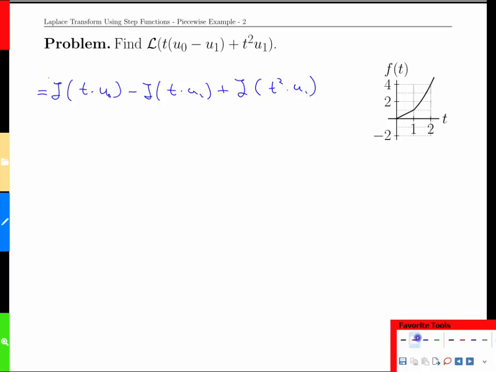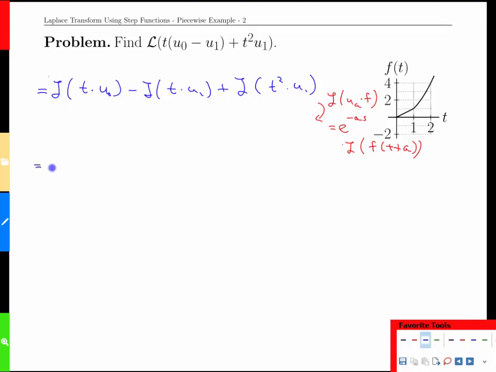Now, we apply the rule that says if we transform a u_a times an f, we get an e to the minus as, and then we multiply it by, we're not done, the transform of f of t plus whatever that a value was, whatever that on time was.